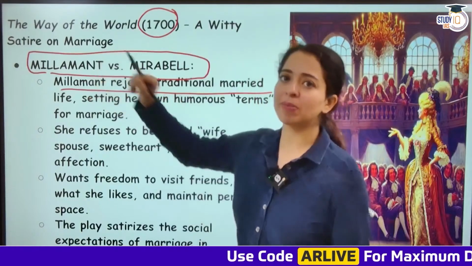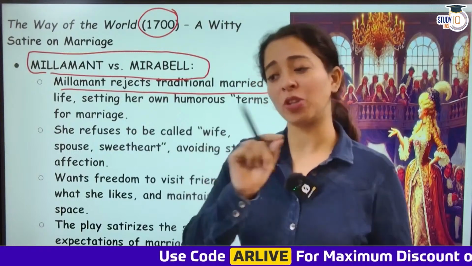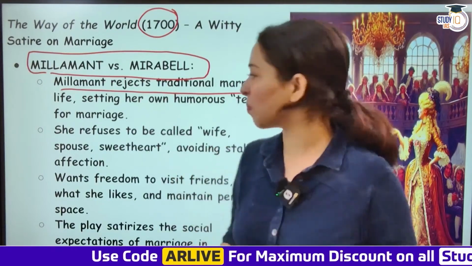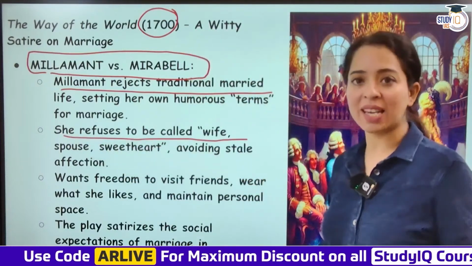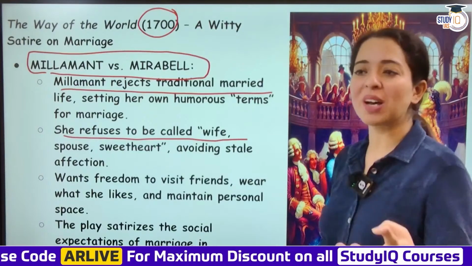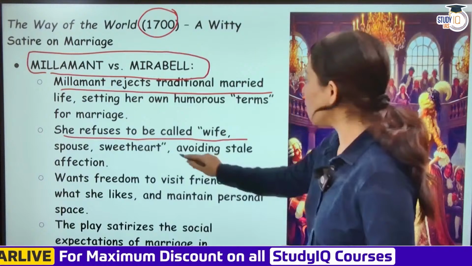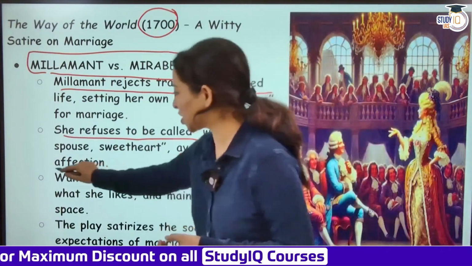Mirabell is in love with Millamant, लेकिन Millamant ना एक शर्तें रखती, conditions रखती कि if I get married to you, then I will do this, I will do that, you will have to do this. Okay, it's a very modern sort of a play. And she refuses to be called wife, spouse, sweetheart. Okay, so kind of एक तरह का satire है on how things were happening during that time. Avoiding stale affection. Okay, something बहुत ज़्यादा superficial affection.